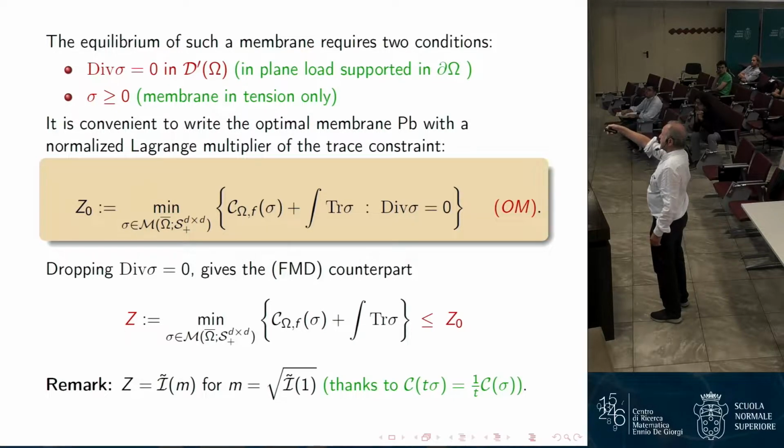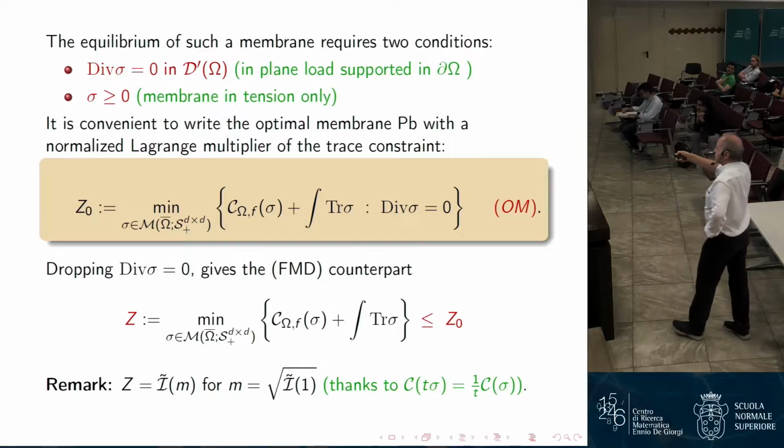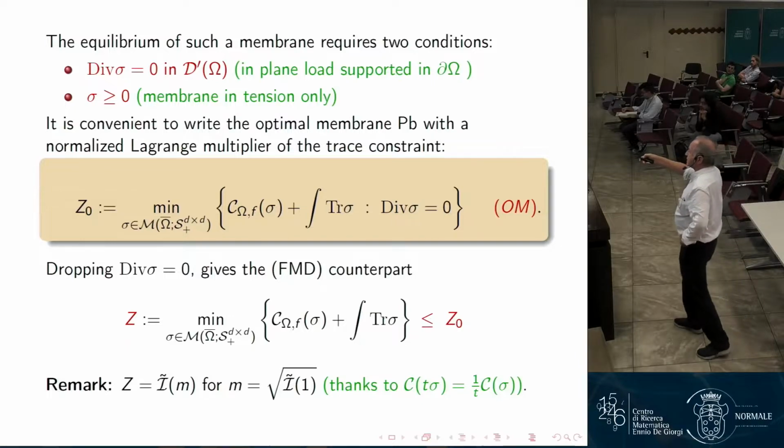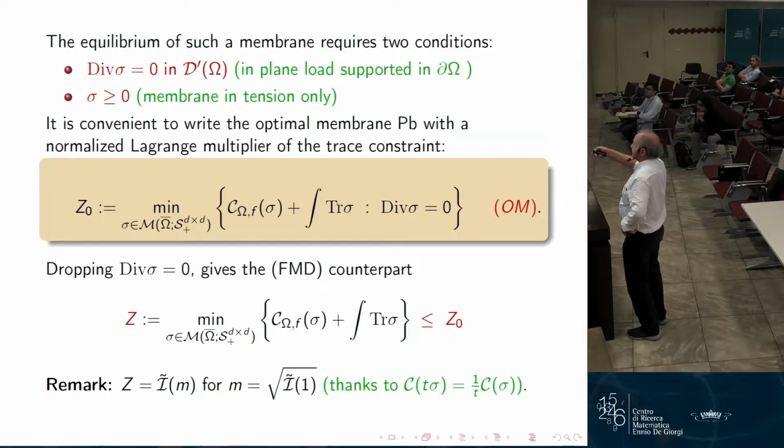And instead of putting the mass constraint, I add a Lagrange multiplier. In fact, the problems are equivalent because you have an easy rescaling. I show it here. If you can solve the problem, you can solve it for every total mass m given. So you have two infima.